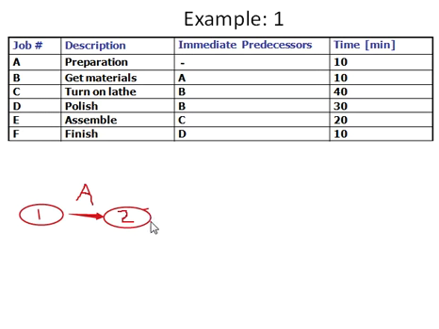So we will initiate activity B after the end of A. So we will draw the third node over here, and this is represented as B.